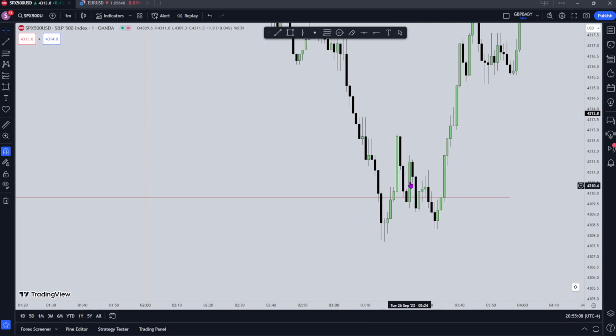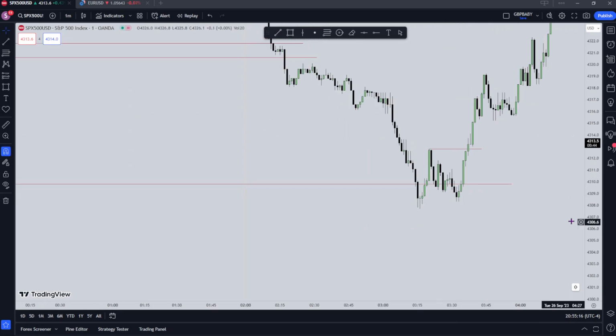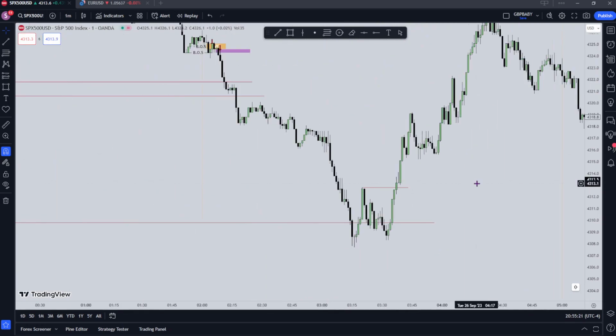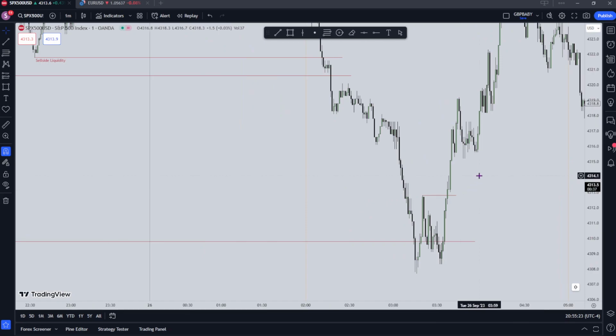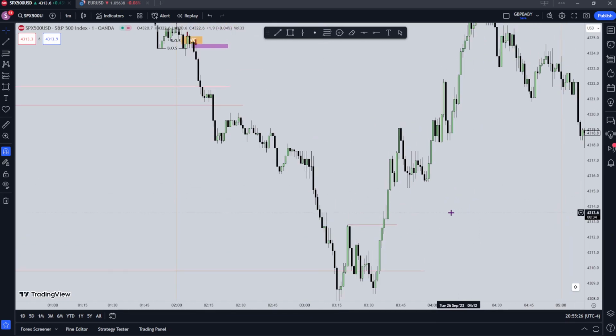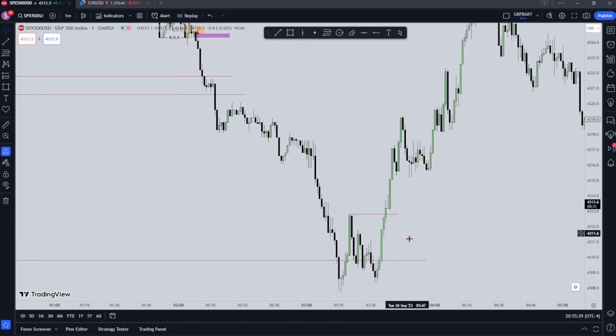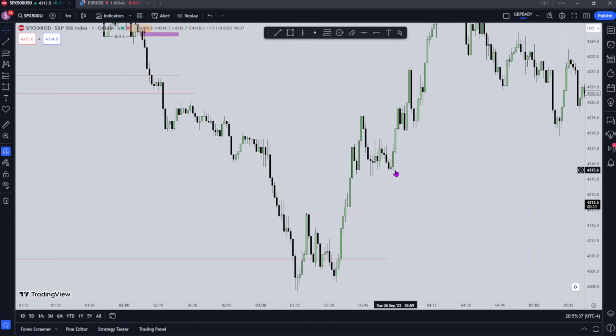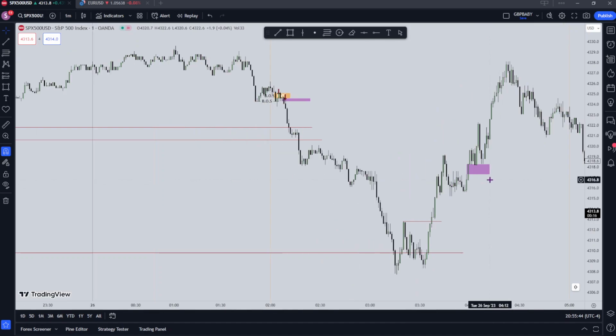This is almost like a mitigation block. Why? I mean, do we return to it? Let me see what's going on. This isn't a wrestler. Yeah, no. Yeah, this price action isn't the best.